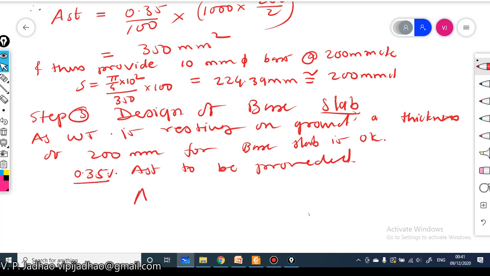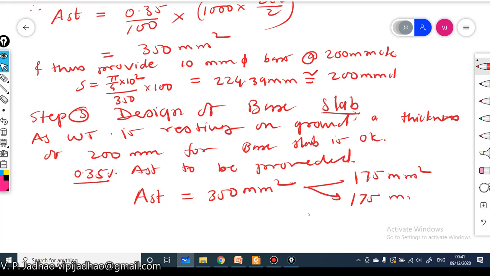So AST, as we have already calculated, will be equal to 350 mm square, and half of this AST, that is 175 mm square, will be provided on each face, that is 175 on the top face and 175 on the bottom face.